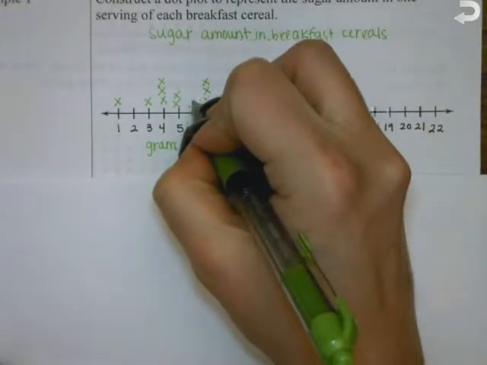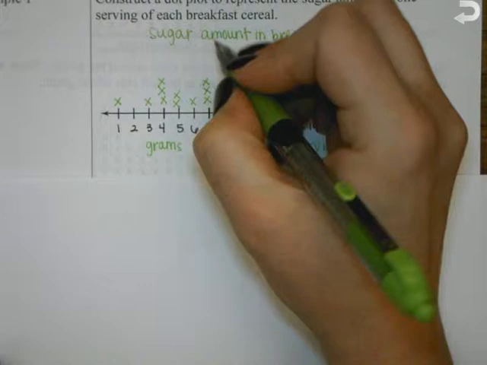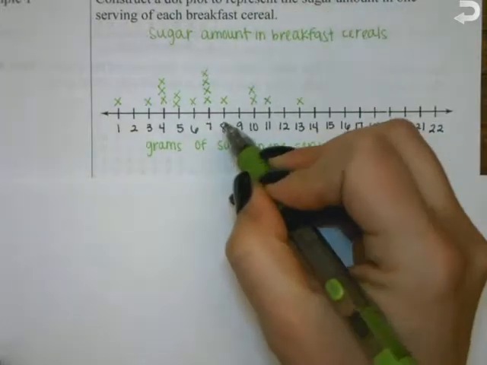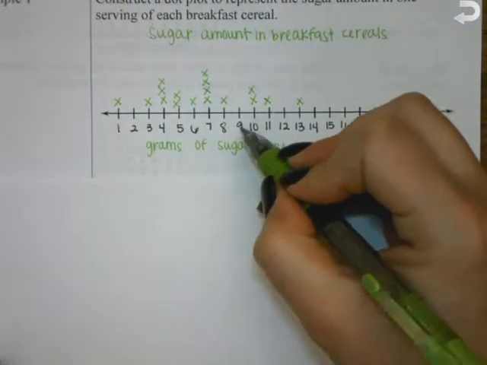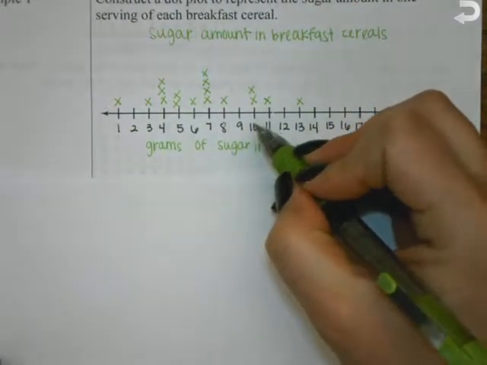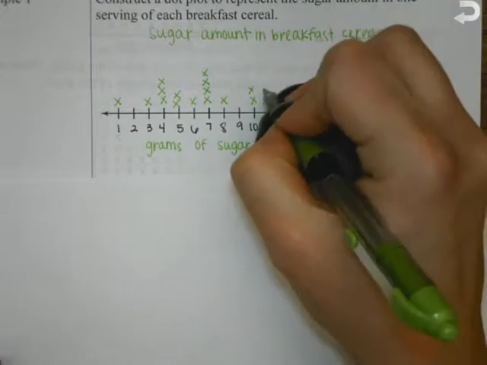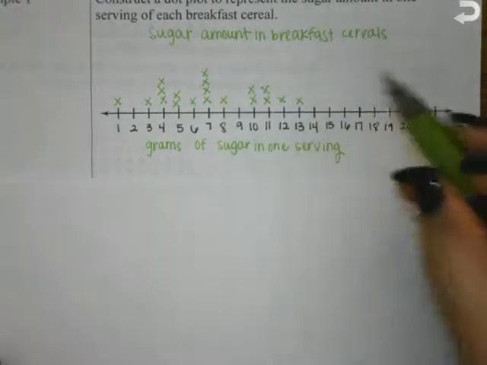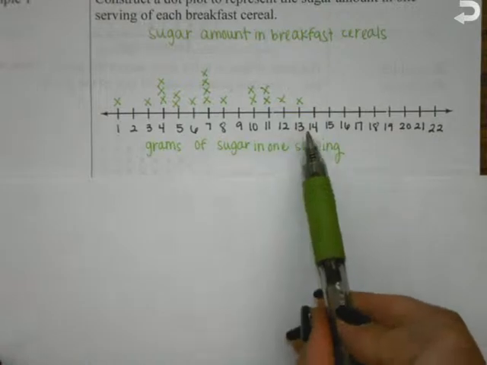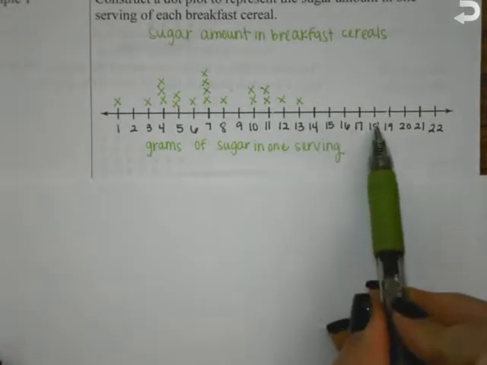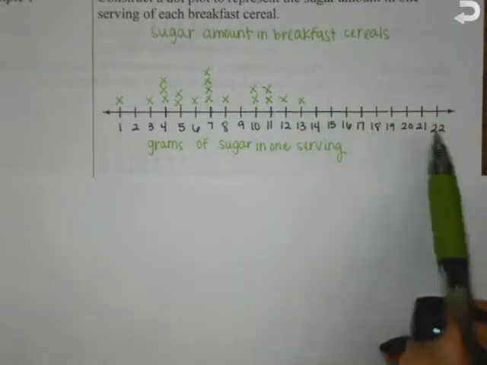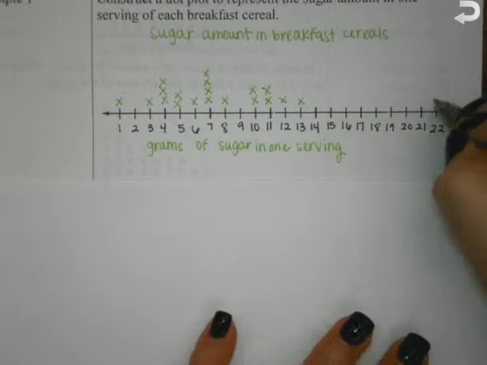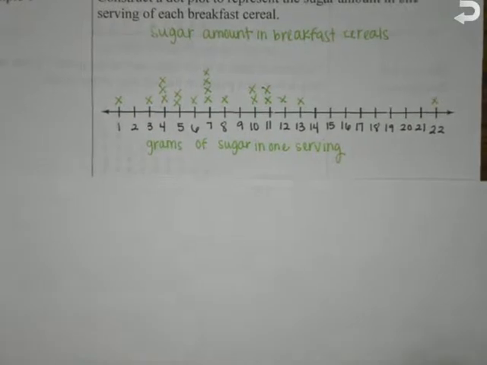How many was on 7? 4. So I need 1 more. 8? 1. 9? 10. Okay. 11? 2. 12? 1. 13? And then you should have gotten none on 14, 15, 16, 17, 18, 19, 20, 21, and then how many was 22? 1. Okay, so everybody's dot plot should look something like this.